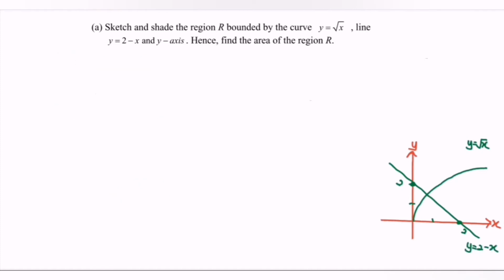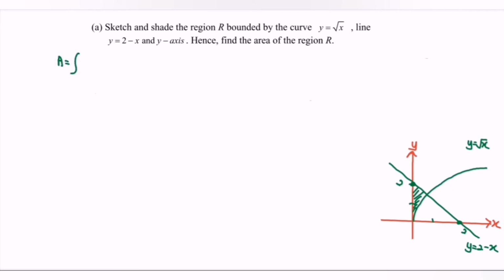Now what we have to do is to find the region bounded by the curve y equals square root of x, y equals 2 minus x and the y-axis. So meaning that in here will be the region. Kindly construct the formula for the area.